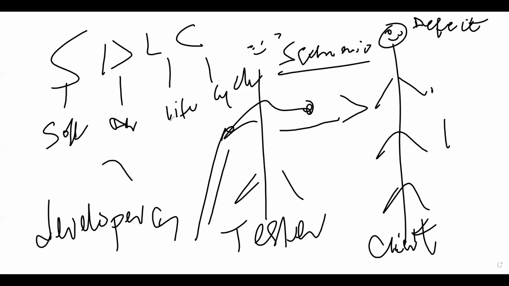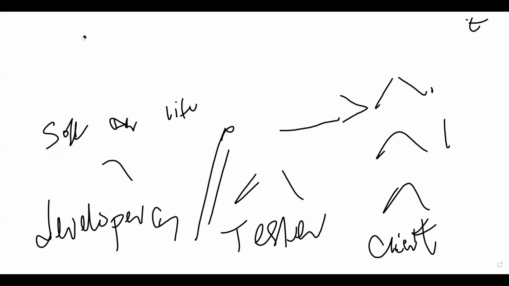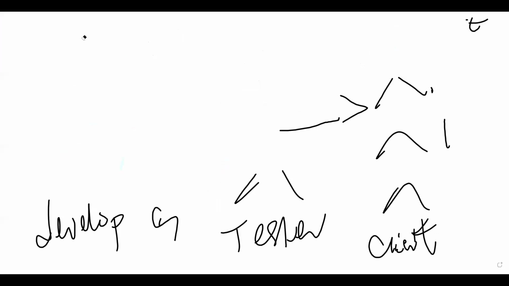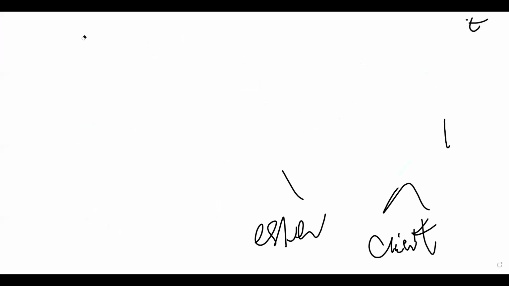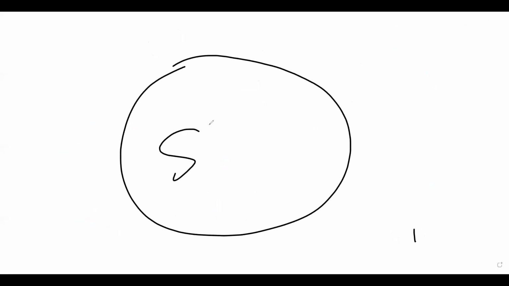Can someone give me a quick lowdown of the phases of SDLC? Just to bring your mind back to what we did in the last lecture. What do we have in SDLC?